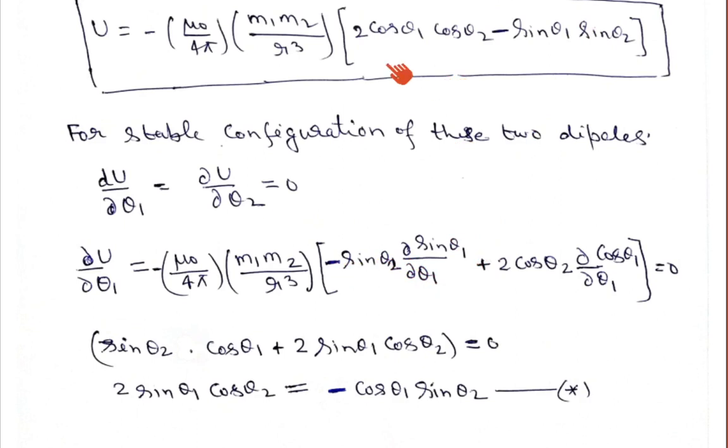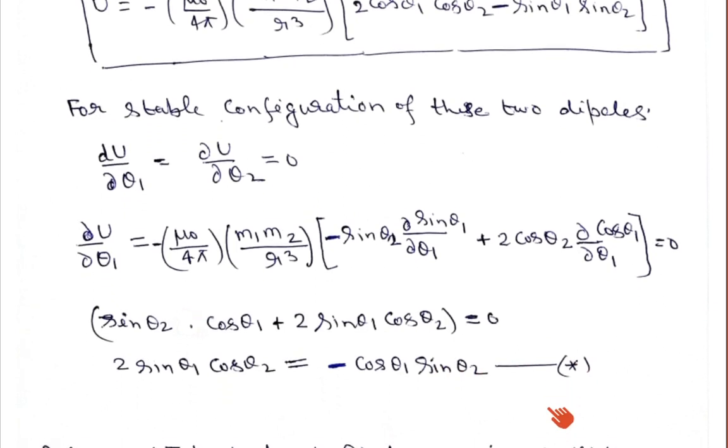And then plus 2 cos theta 2 into d cos theta 1 upon d theta 1, and that should be equal to 0. If you put this equal to 0, this will give some condition. If you solve, this gives 2 sin theta 1 cos theta 2 equal to minus cos theta 1 sin theta 2. Let us say this equation is star. I have not given the equation a name, that is why I have taken the name star. Okay.